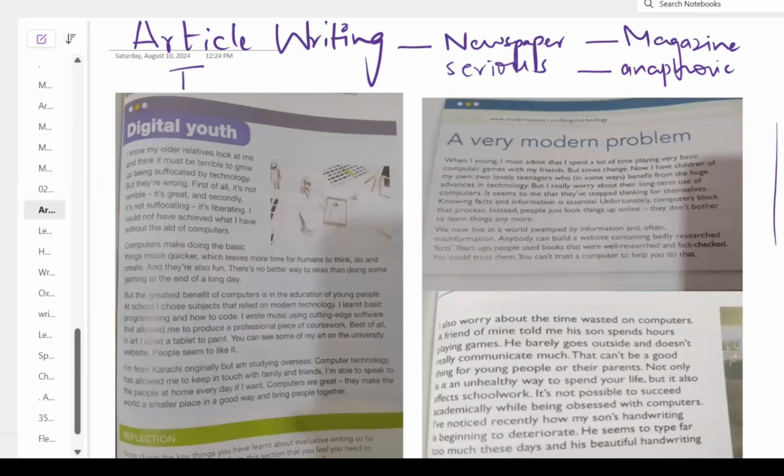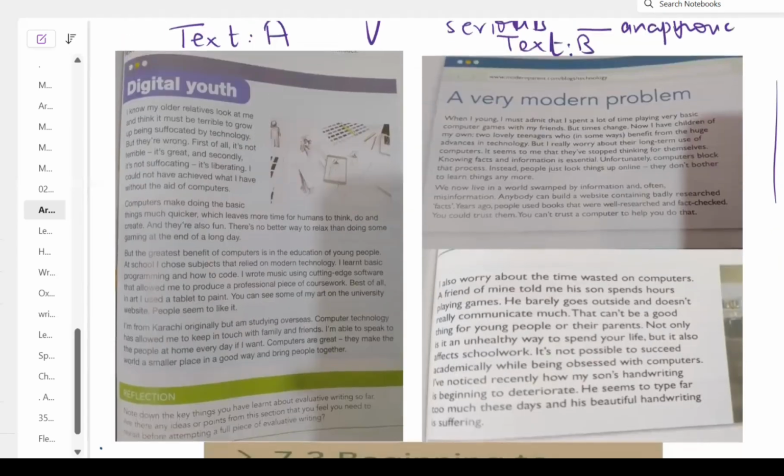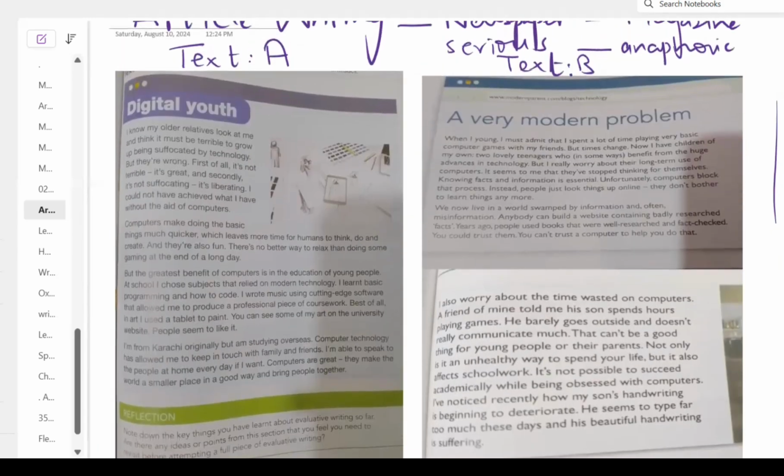So this is text A, let's suppose, and this is text B. The first thing you're going to do after getting the paper in your hands, after getting these two texts, is to give a detailed reading to it, because it's from the reading paper. While reading, keep a pen in your hand and underline the keywords which you have to extract from it, and transform them in your own words.